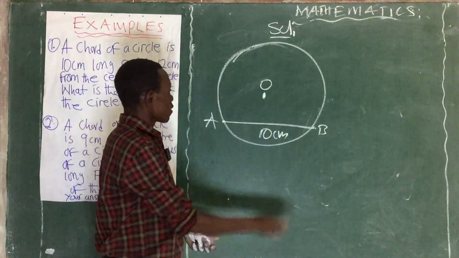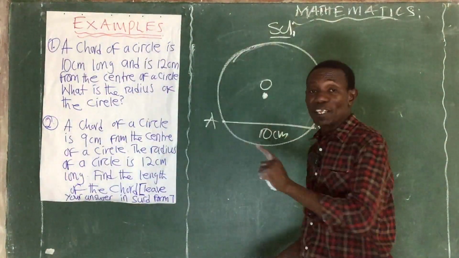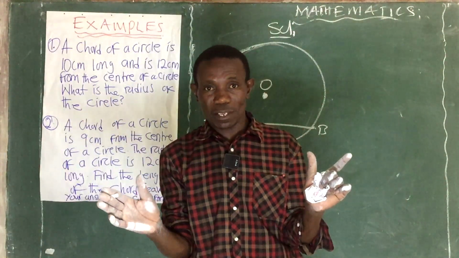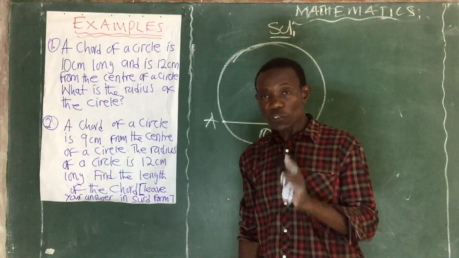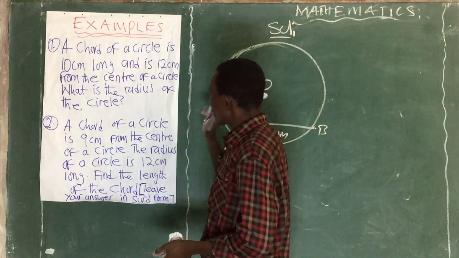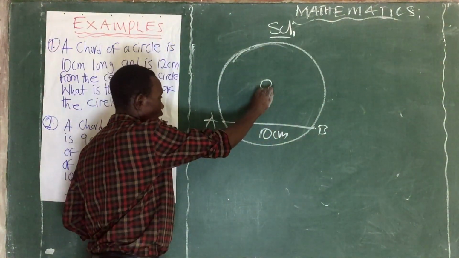What it means here, a distance from the center of a circle, when this is mentioned in the question, expect that line to be a perpendicular distance. You can't have a slanting line representing the distance, not at all. So when they talk of a distance from the center to the chord, that should be a perpendicular line like this one here.